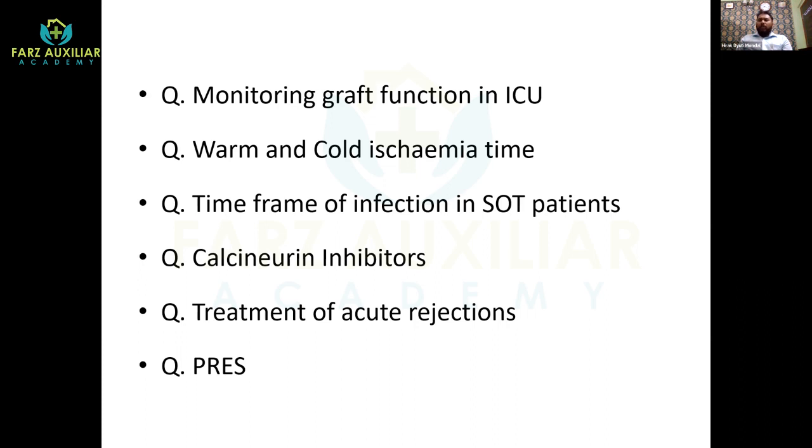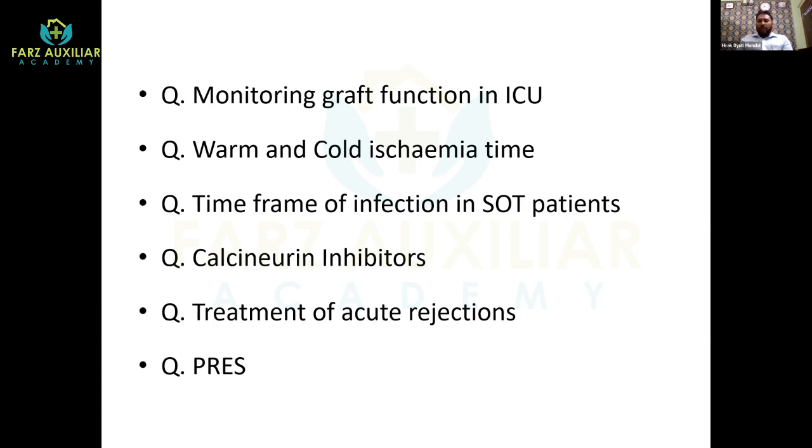After that, you are preserving that graft in the cold solution and transporting it to the potential recipient. And when you are shifting that graft into the circulation of the recipient, this time is called cold ischemia time.